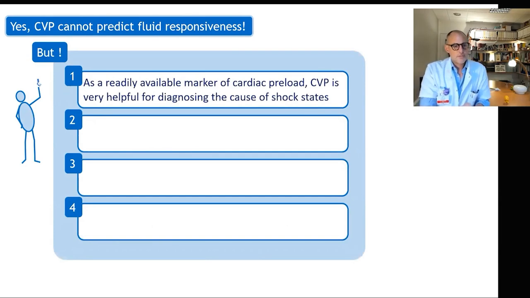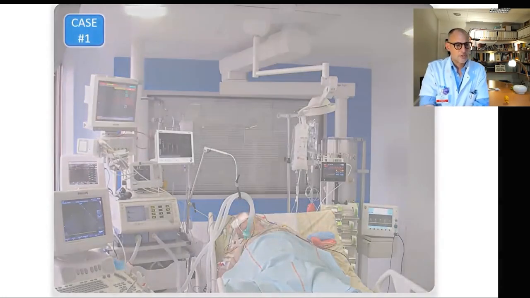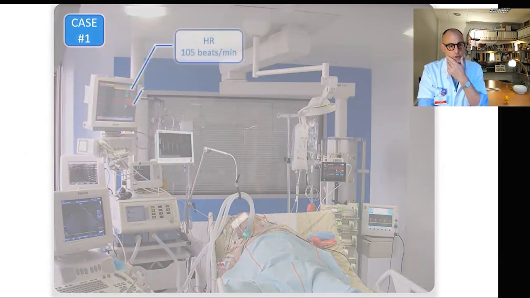The first is that it is a very valuable marker of cardiac preload, and as such, it might be very helpful for the diagnosis of the cause of shock. Let's take a first example of a patient just on arrival in the emergency room or the ICU.